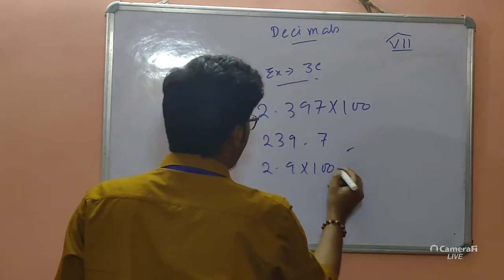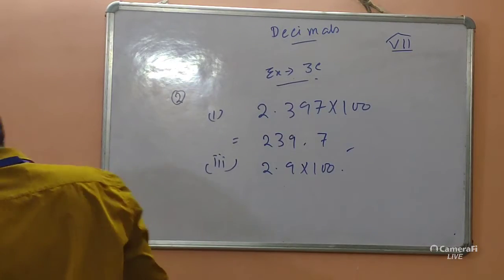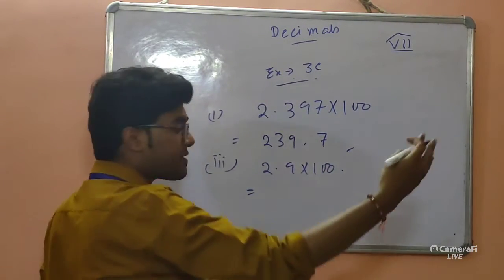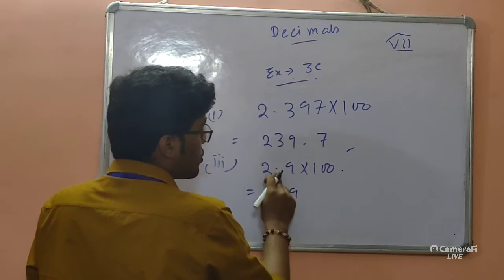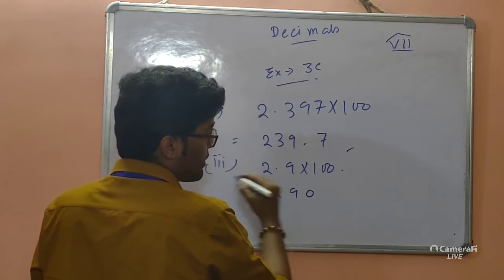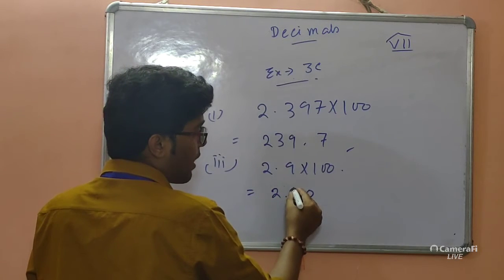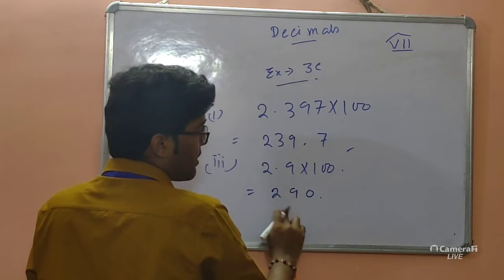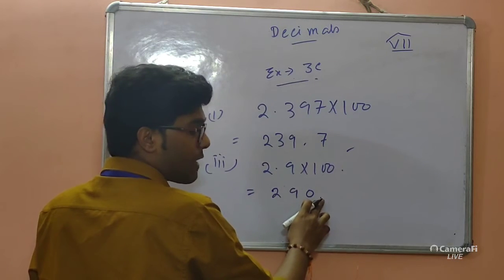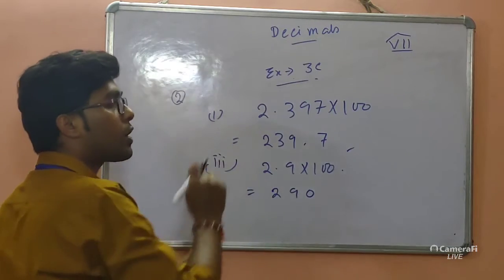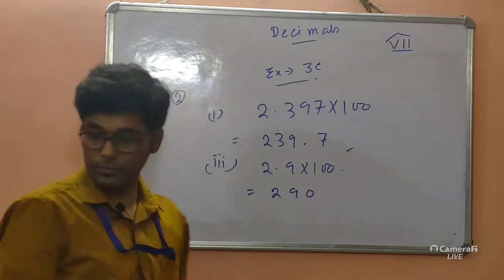Let us do question number 3. 2.9 into 100, I guess that is the question. Yes. So again 2 zeros, so the point will shift 2 places rightwards. Since there is nothing, the point will shift 1 place, 2 place, and the point will be here. Since after the point no digit is there, the point will not be considered. Clear?